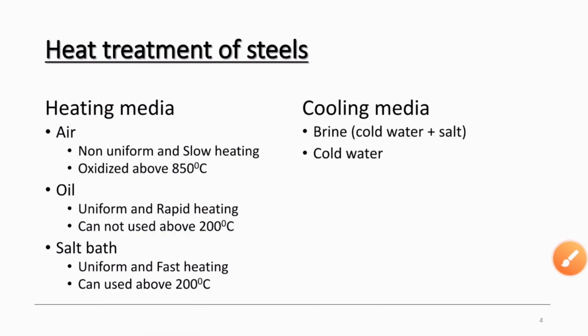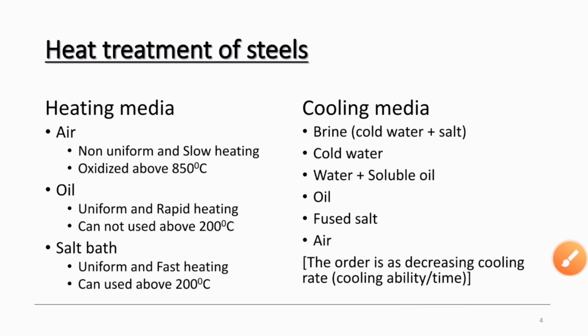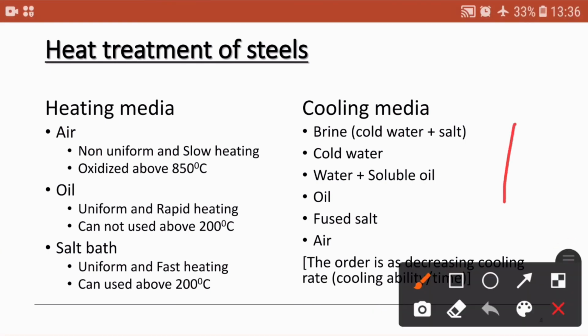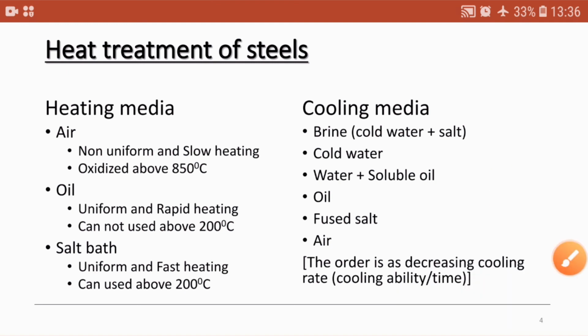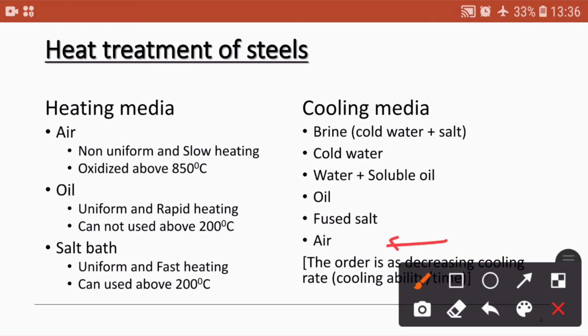Next, cooling medium. The cooling media are brine, cold water, water plus soluble oil, fused salt, and air. These are all in decreasing order of cooling rate. If you use air, it will cool the metal, for example, in 2 hours. In fused salt 1.5 hours.